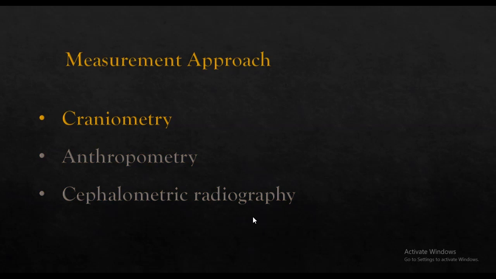Craniometry involves measurement of human remains, thus providing only cross-sectional data. Anthropometry is a technique which involves measuring skeletal dimensions through soft tissue landmarks on living individuals. Cephalometric measurements have become a milestone since the invention of cephalostats by Broadbent.